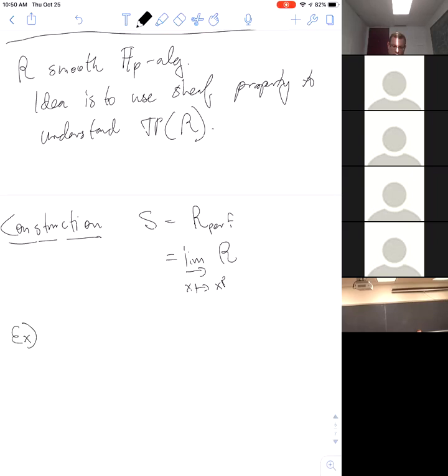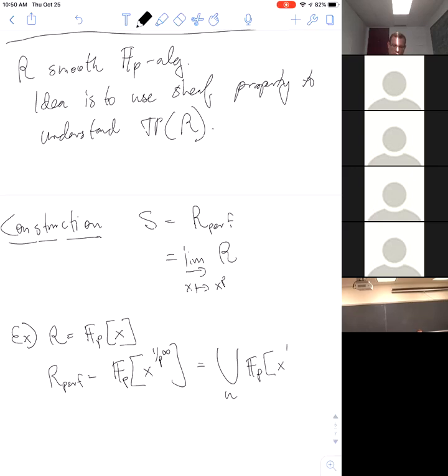Maybe just an example to keep in mind: a polynomial ring FP brackets x, and then this perfection R perf is what you might write as FP brackets x to the 1 over p to the infinity, which is the directed union of polynomial rings in the variable x to the 1 over p to the n.